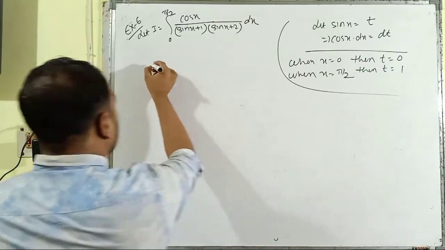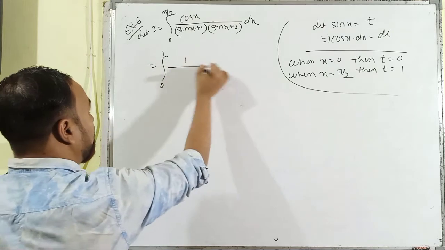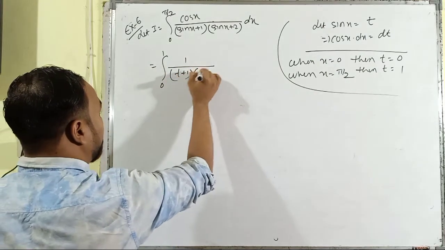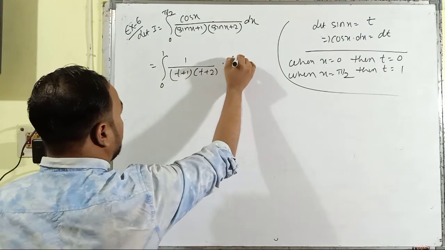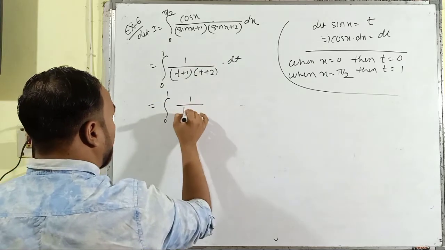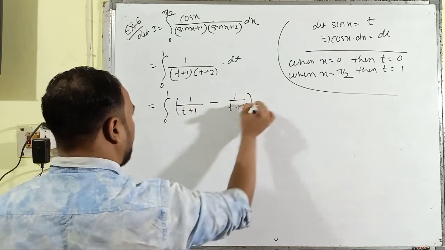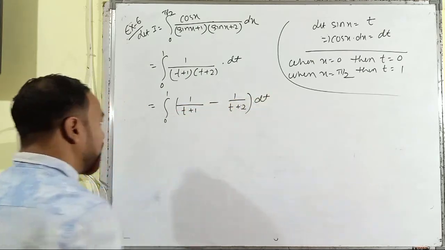Okay. So by putting these substitutions here, 0 to 1, it is 1 over t plus 1 multiplied with t plus 2 dt. It is 0 to 1, 1 upon t plus 1 minus 1 upon t plus 2. Just we have separated and simplified these steps.